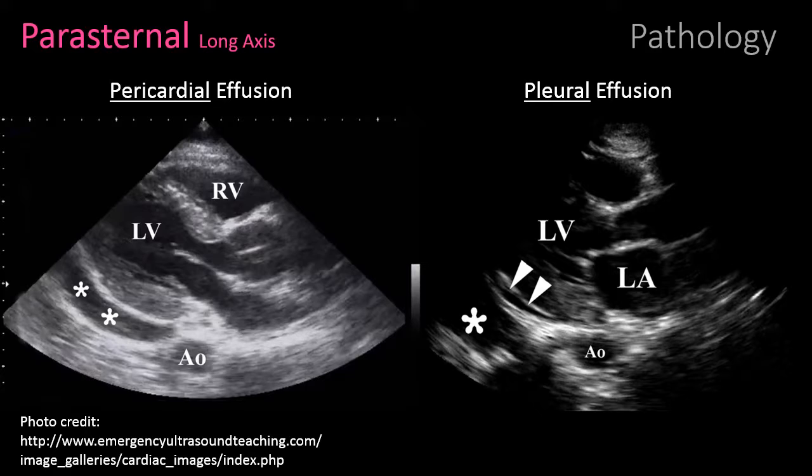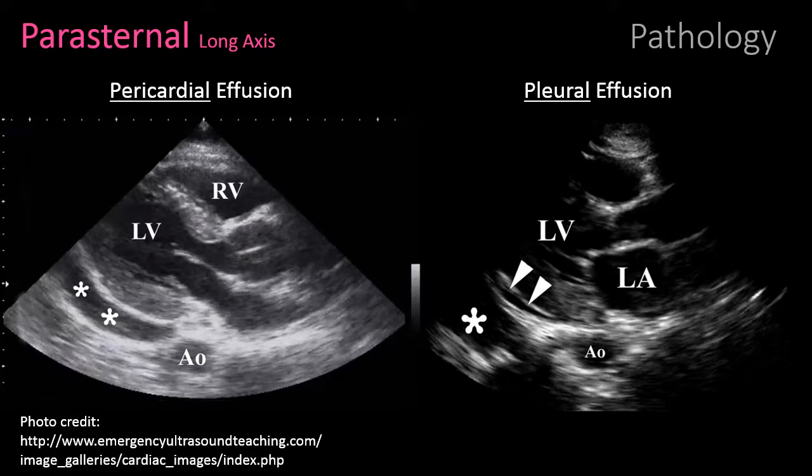You can use the root of the descending aorta, which is marked with an AO at the bottom of the screen, to determine: is this fluid in the pericardial space or in the pleural space? If the fluid is above that descending aorta in this image, then you know that it's in the pericardial space, and what you have is a pericardial effusion.